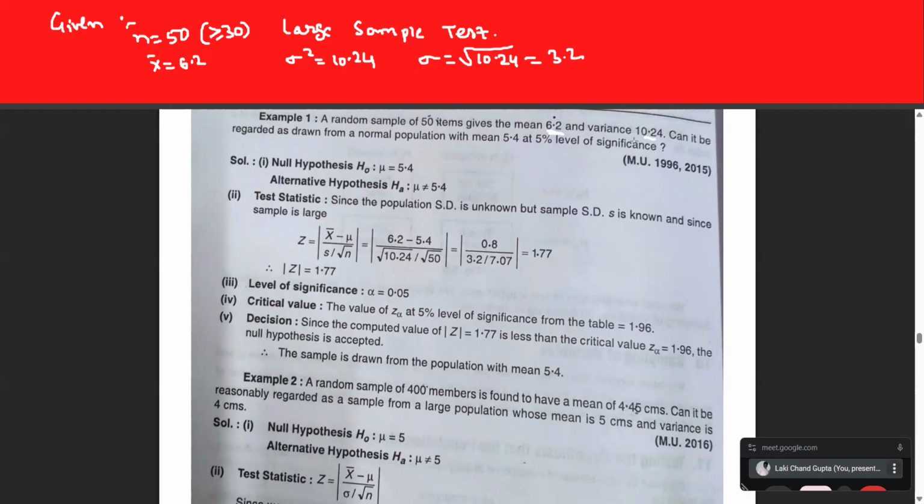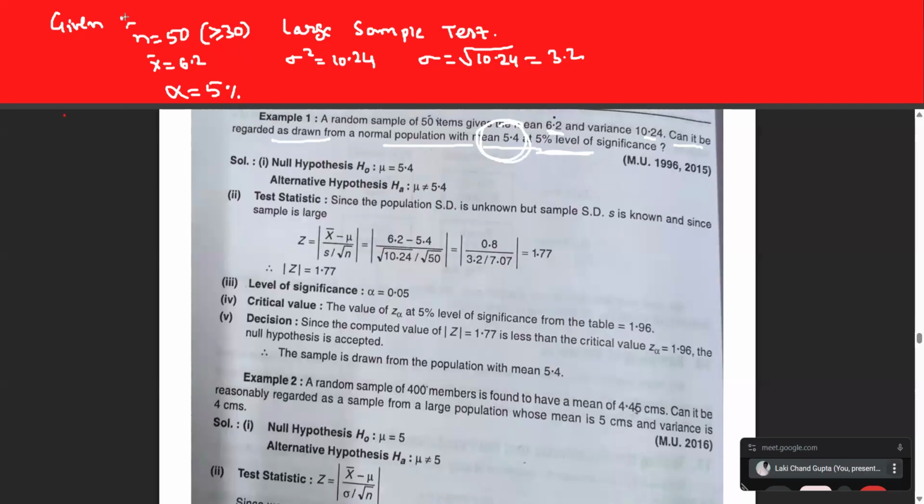Now, further reading: can it be regarded as drawn from a normal population with mean 5.4? It is saying that if the level of significance is 5%, can its population mean be 5.4? Understood? Read the question once again.